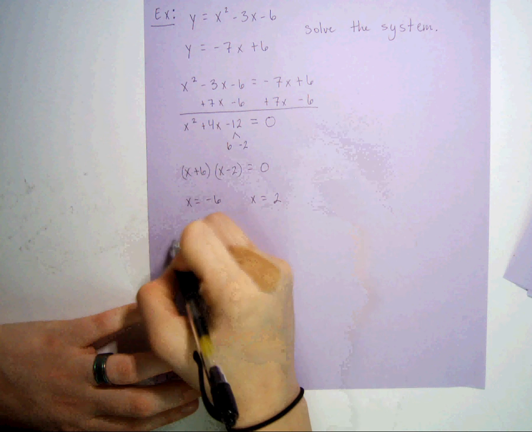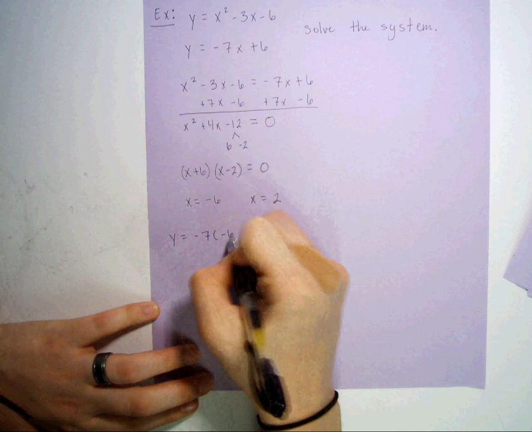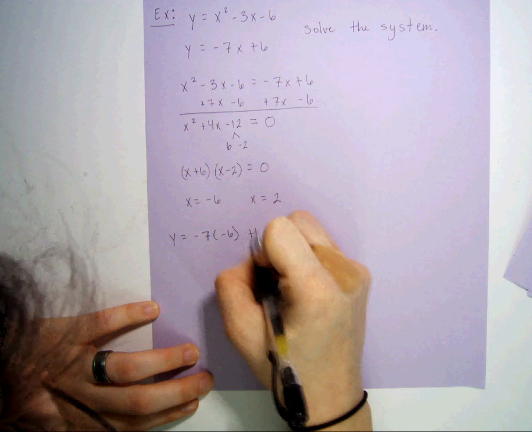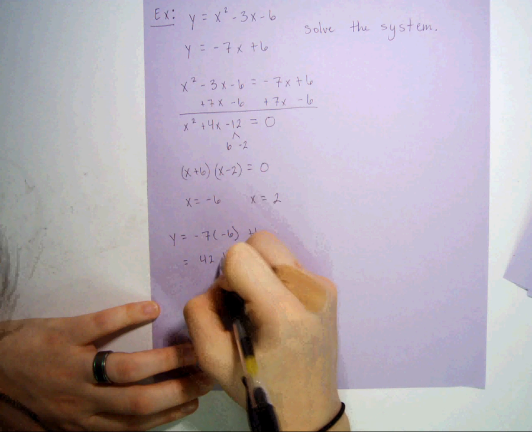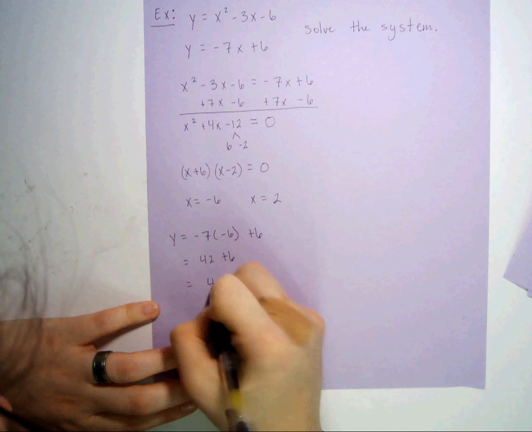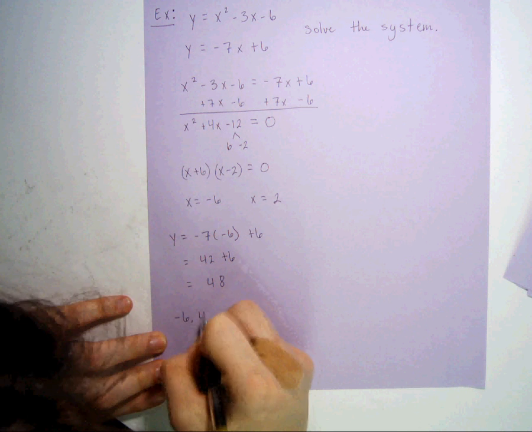I'll plug in negative 6 first. I get y equals negative 7 times negative 6 plus 6, which is equal to 42 plus 6, so I get 48. So one of my solutions is negative 6 comma 48.